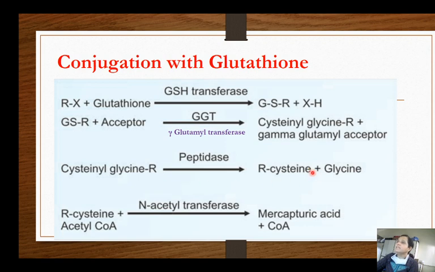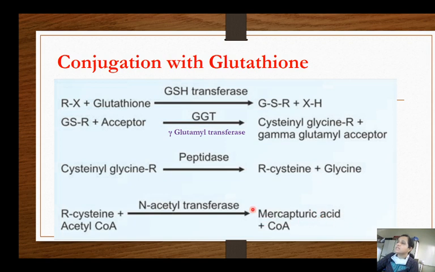So finally the xenobiotic is attached with the cysteine. As I have already mentioned, the glycine and the glutamic acid both will be removed and cysteine will remain with the xenobiotic. Now in the last step, the xenobiotic cysteine will take up the acetyl group in the presence of the enzyme N-acetyl transferase and forms mercapturic acid.